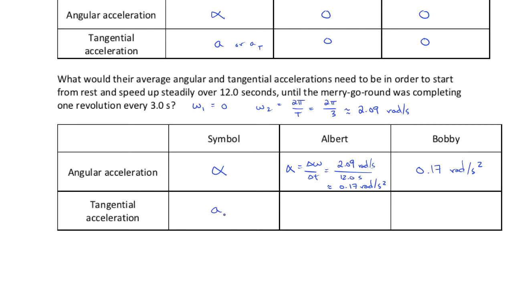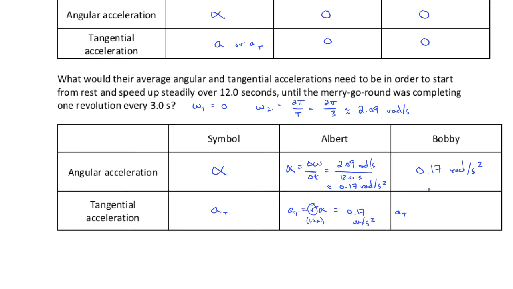Tangential acceleration, however, is going to be different. Albert's tangential acceleration is going to be equal to 1 meter, that's the radius for him, multiplied by 0.17 radians per second squared, which gives you 0.17 meters per second squared.